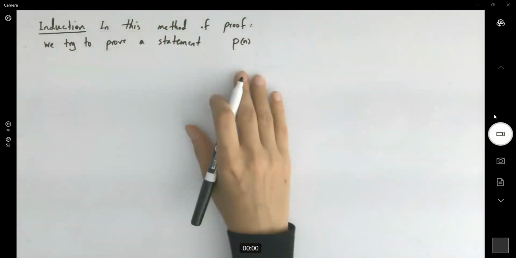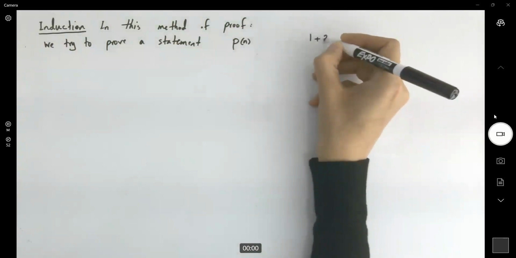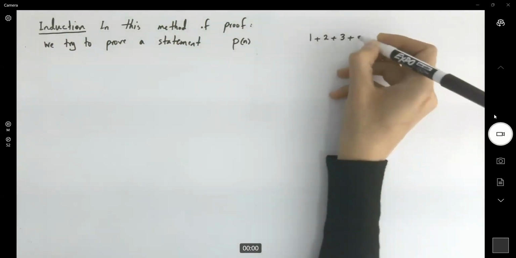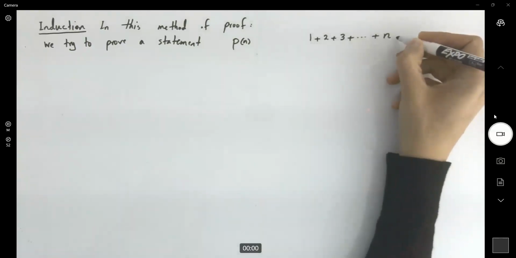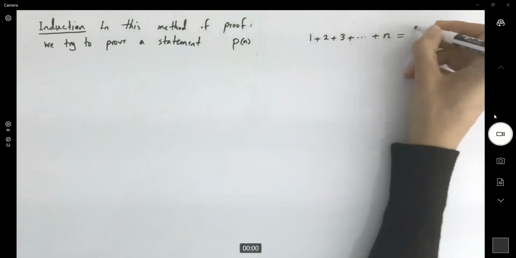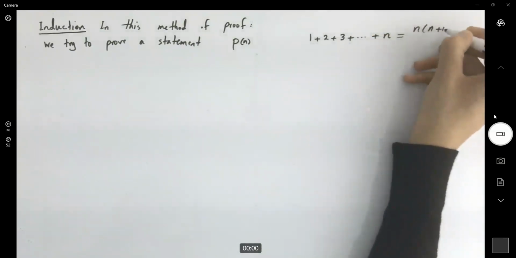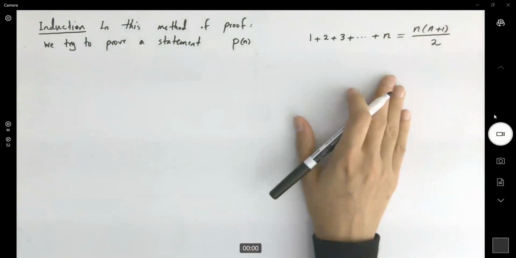This statement can be anything. For example, suppose you try to show that 1 plus 2 plus 3 plus, the sum of the very first n natural numbers, is equal to n times n plus 1 divided by 2. At the same time, I write down one example for you so you feel comfortable when you're applying this method.